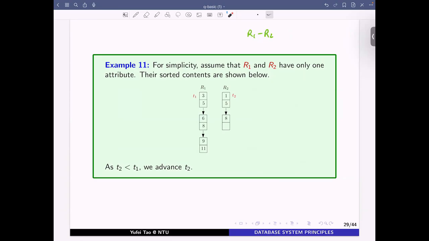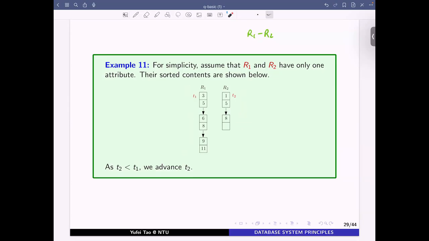We want to sort R1 and R2 by the values of the tuples. So now you can see it's in ascending order. We have already performed sorting. And now we perform a synchronous scan. You will see we'll scan R1 once and we will scan R2 once.